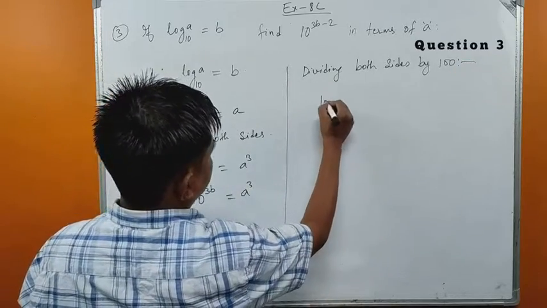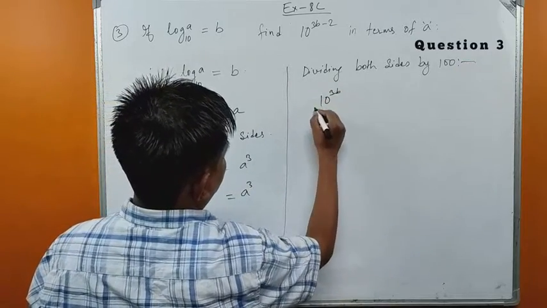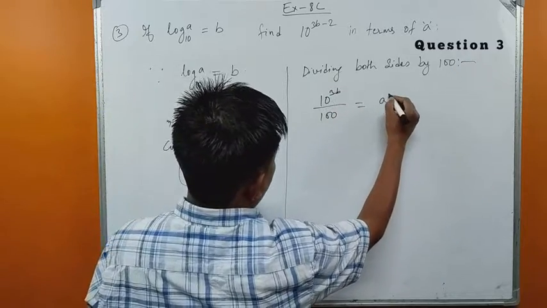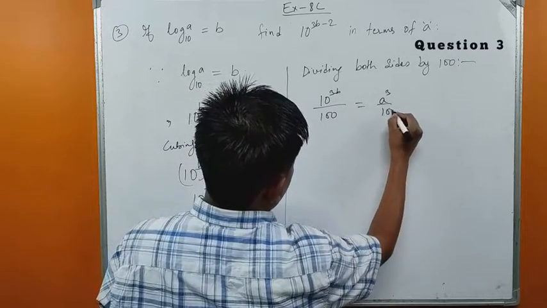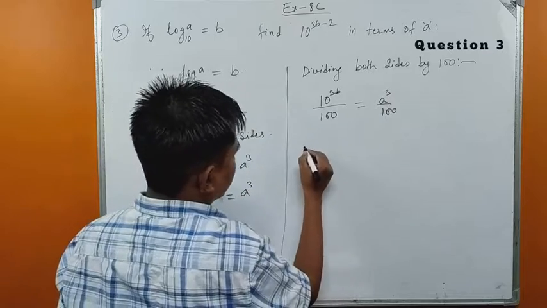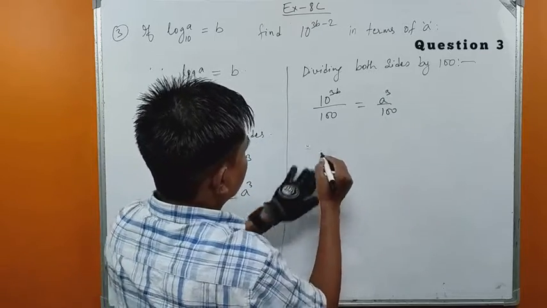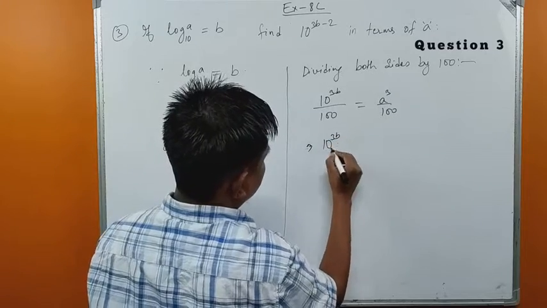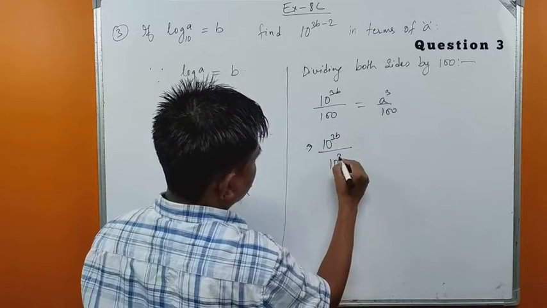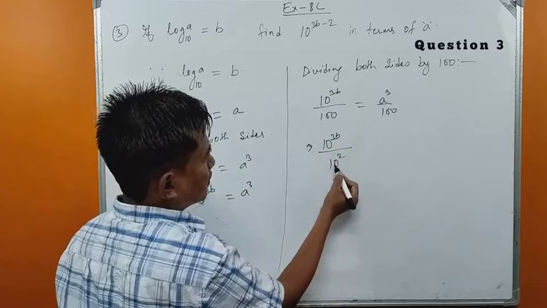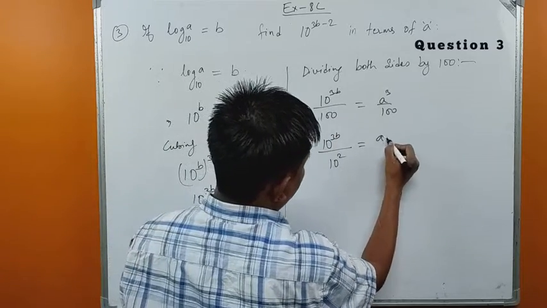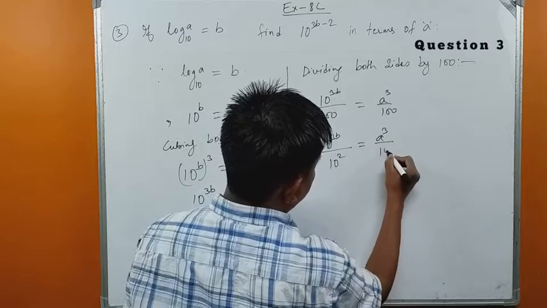So 10 to the power 3b upon 100 equals to a cube upon 100. So this gives us 10 to the power 3b upon 10 squared, 10 squared means 100, equals to a cube upon 100.